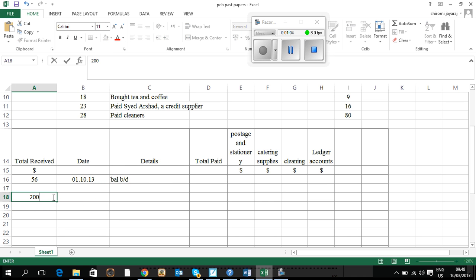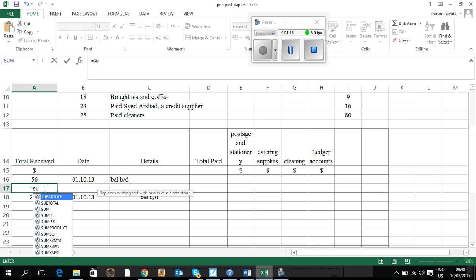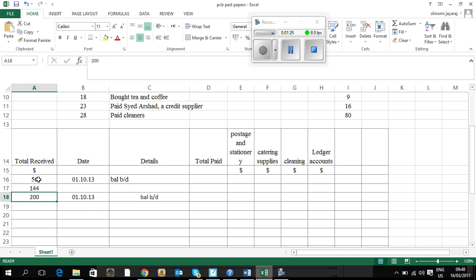That 200 is the imprest as at 1/10/13. This would be the balance brought down. And the difference between these two figures, 200 take away 56, gives a balance of 144 as at the same date, as bank.